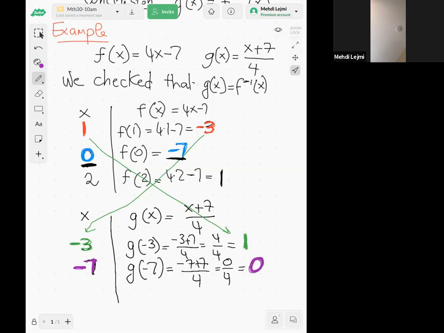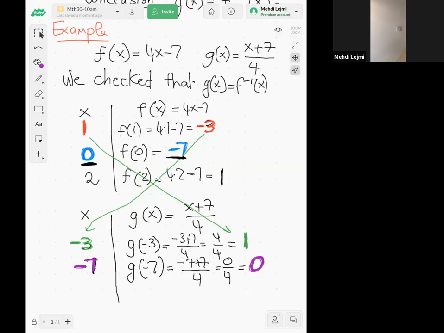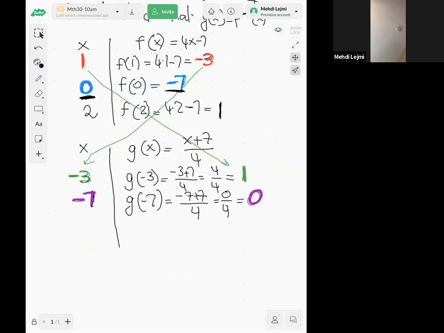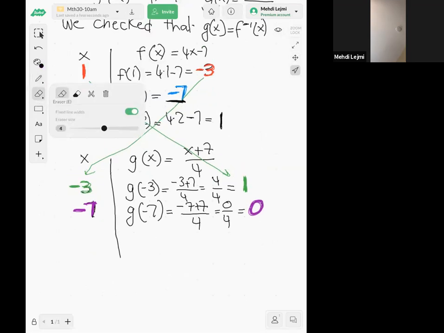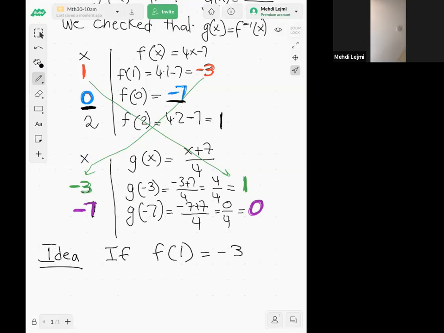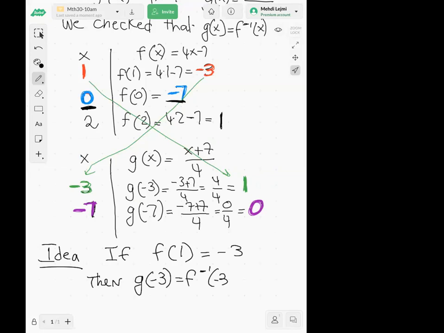So the idea is the following: if f of 1 is negative 3, then f inverse of negative 3 will be equal to 1.